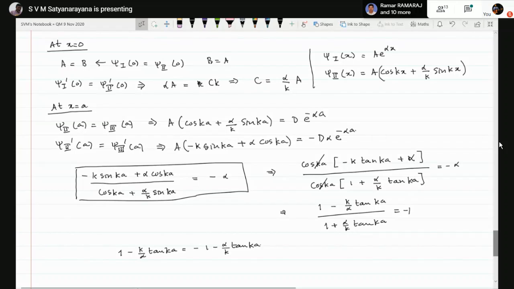So when I take this, it will become 2. If I take it on the other side, I have tan ka into k by alpha minus alpha by k is equal to 2.